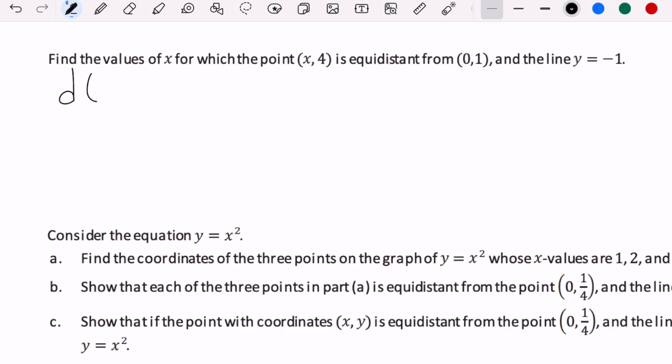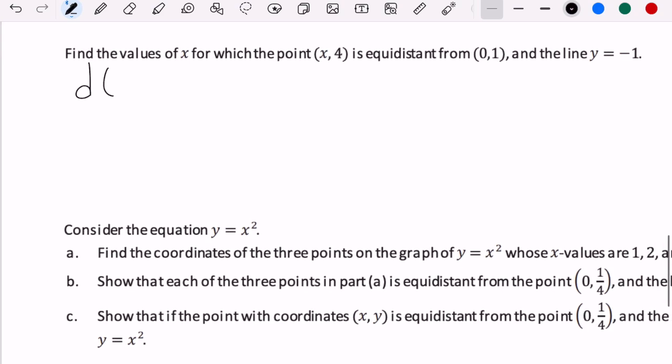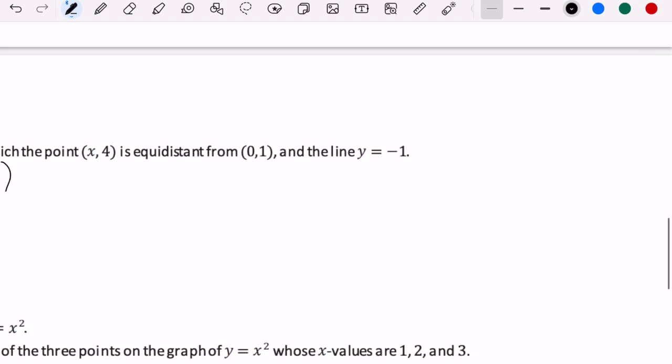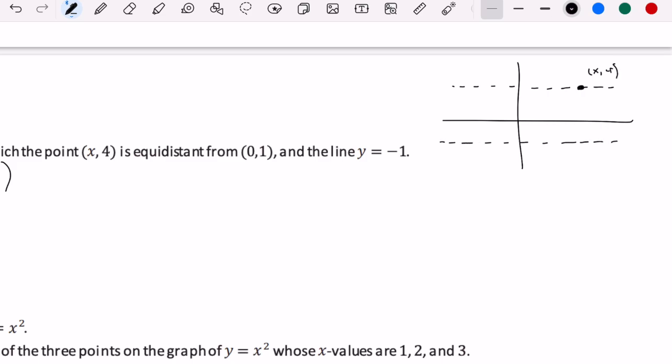So what is the distance from this point (x, 4) to the line y equals -1? The distance from a point to a horizontal line: I don't know where this point is, but it's here. Here I have the point (x, 4) and here I have the line y equals -1.